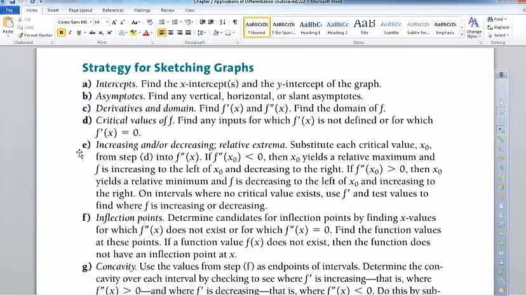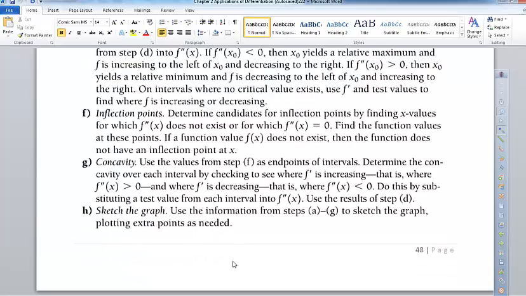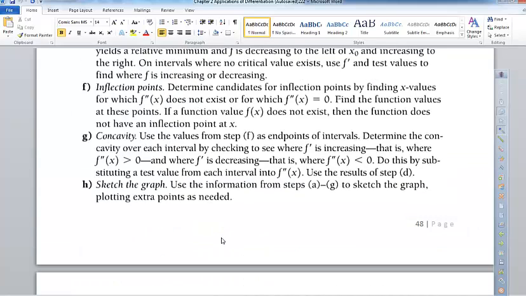Okay, we'll look for any critical values and determine any relative max or min. Talk about inflection points, concavity, then we're going to sketch the graph. Okay, so let's see if we can do that. And I'm going to pull one from the book.